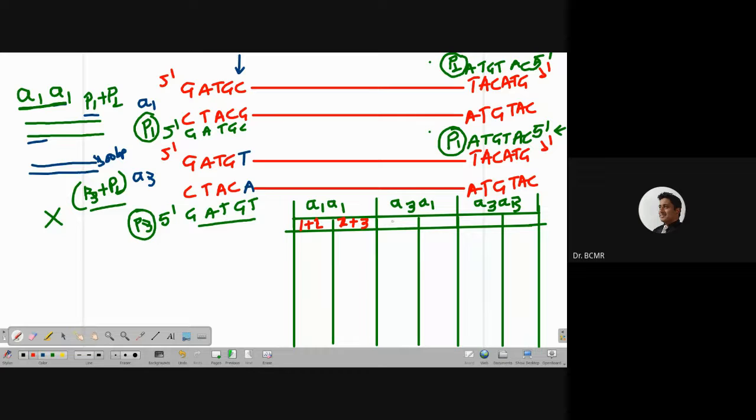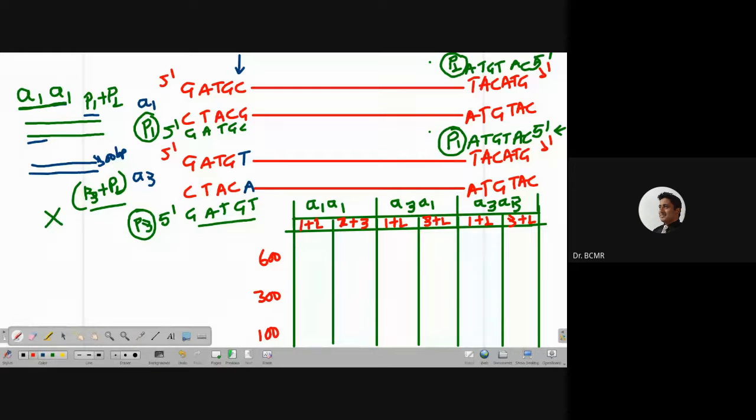The same is done for all of them: primer 1 and 2, primer 3 and 2, primer 1 and 2, and primer 3 and 2. Now, assume that the ladder would be something like this, 100, 300, and 600.